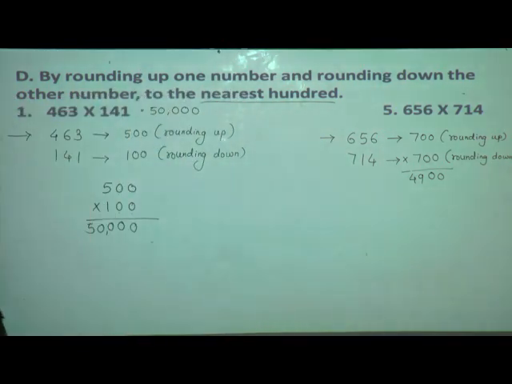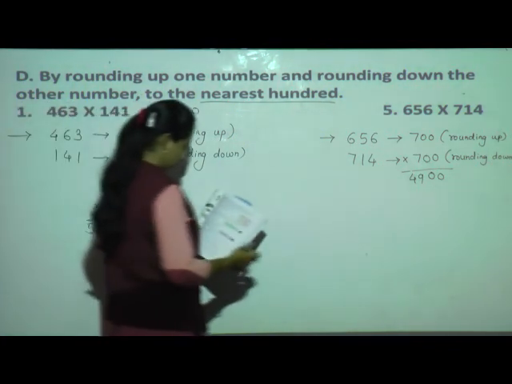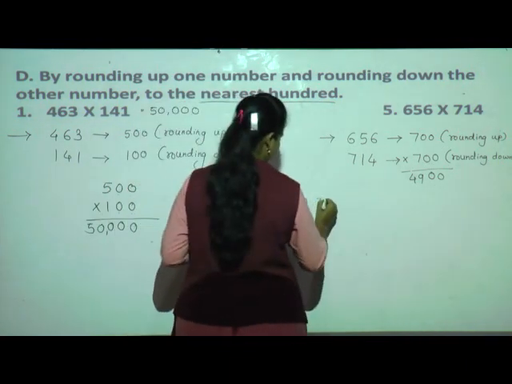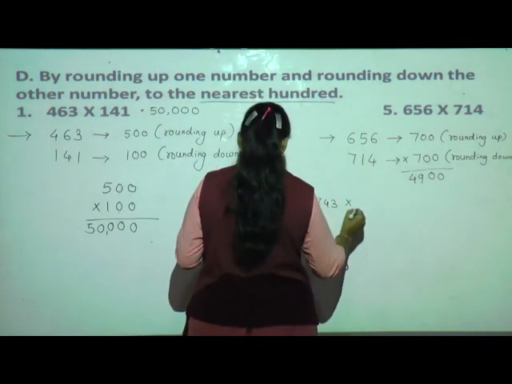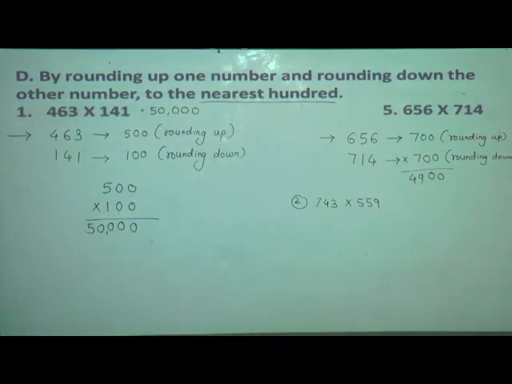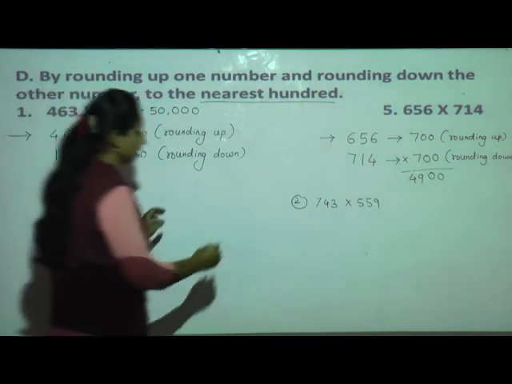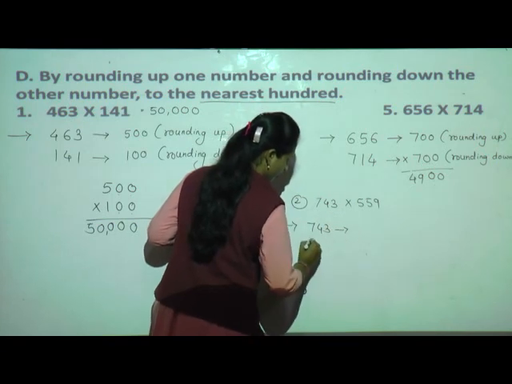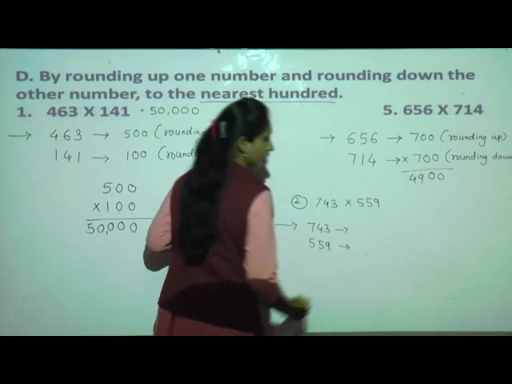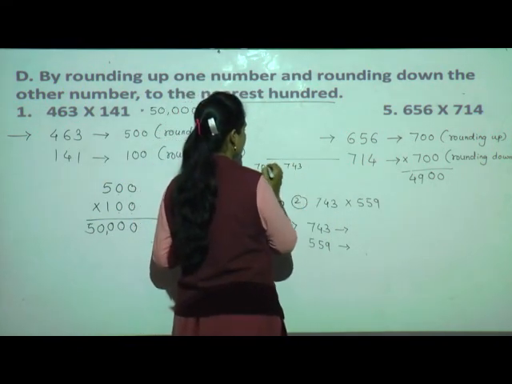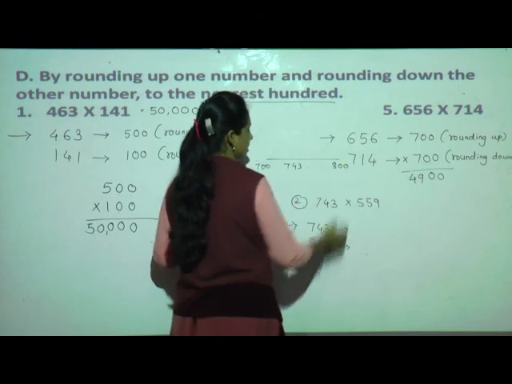Here one more example I will solve. Second one, 743 multiplied by 559. Why I am taking this specifically, I will tell you. Now 743 on the number line lies between 700 and 800, isn't it?